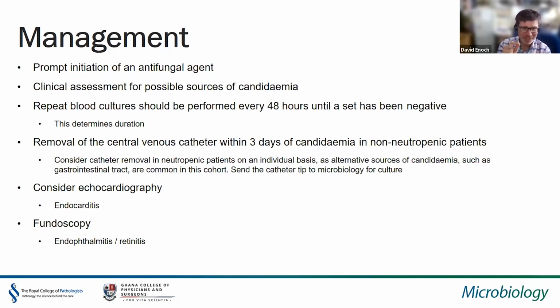Once you've started the treatment, you then need to think about clinical assessment for where you think it's come from, whether it's a line, intra-abdominal, or urinary. So you need to get samples from lines, etc. We need to do repeat blood cultures every 48 hours until we get a negative set, and the reason we insist on that is because that determines duration.